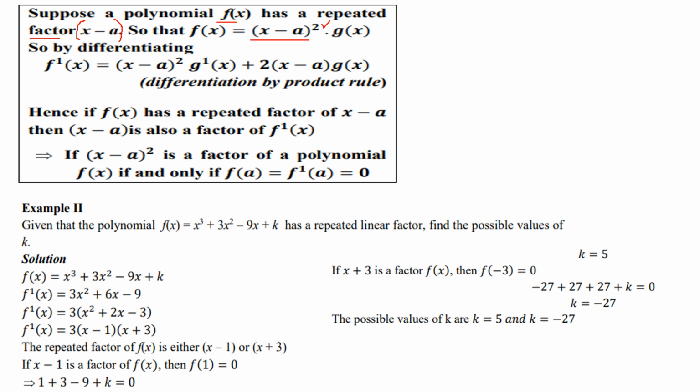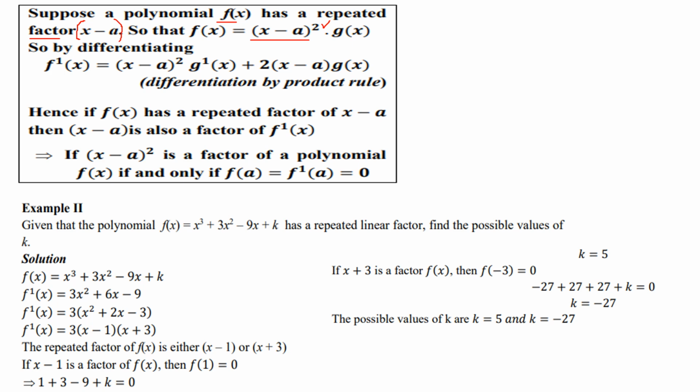So whenever you have a repeated factor, always know that that factor is going to satisfy both the polynomial and its derivative, and we always get the derivative by carrying out the differentiation that you have already done earlier in your pure mathematics.